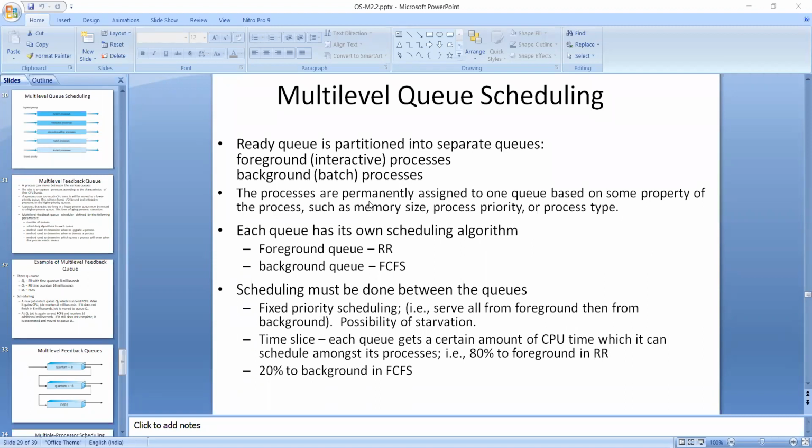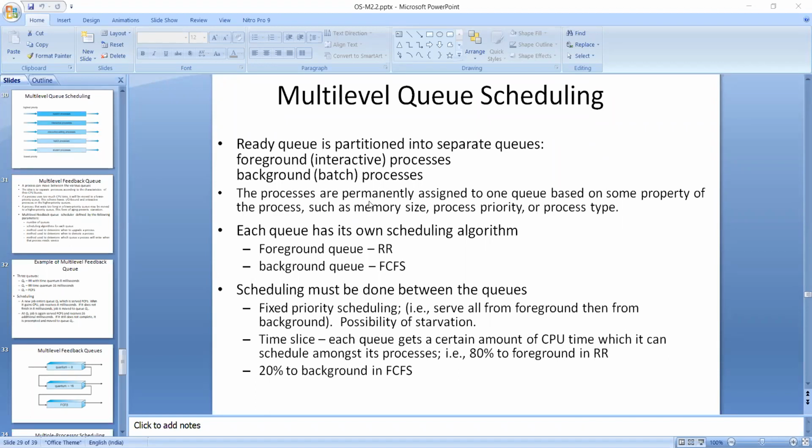Here the ready queue is partitioned into two separate queues: one is the foreground process queue, the other is the background process queue. The processes are permanently assigned to one queue based on some property of the process, like memory size, process priority or process type.